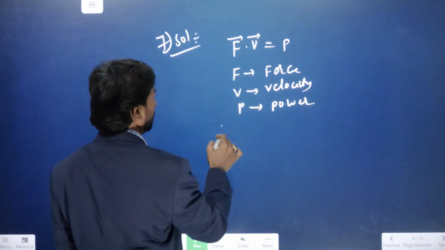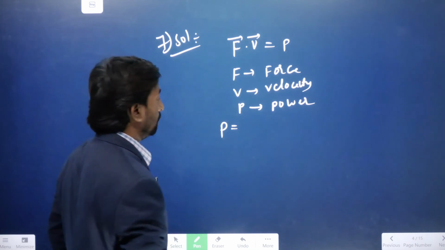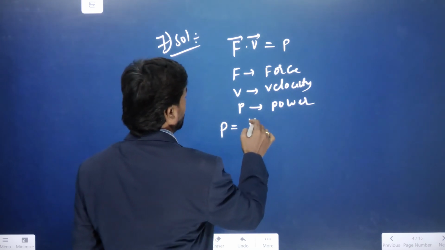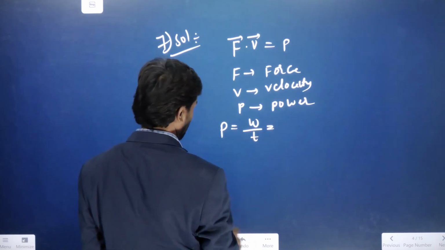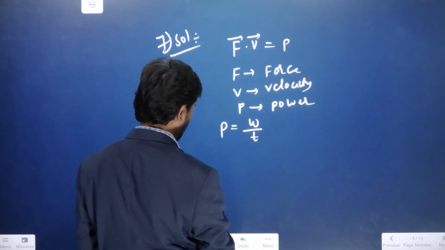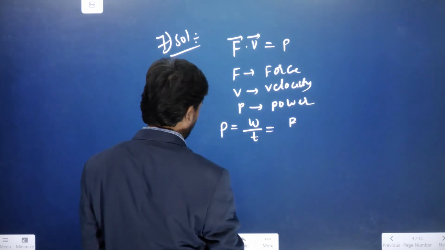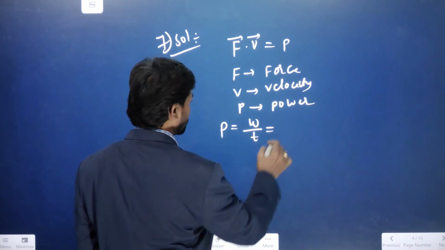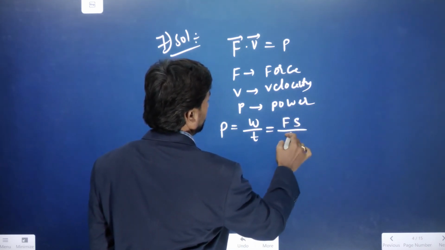So what is the power formula? From the power formula we get that equation. Power P is equal to work done by time. Work done is force into displacement, so power is force into displacement divided by time.